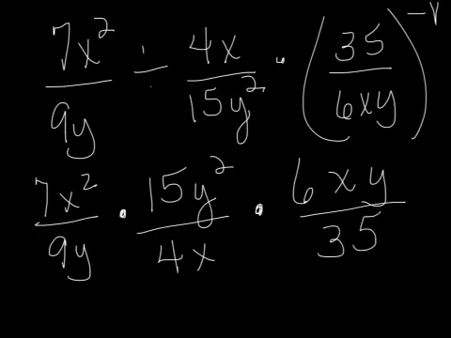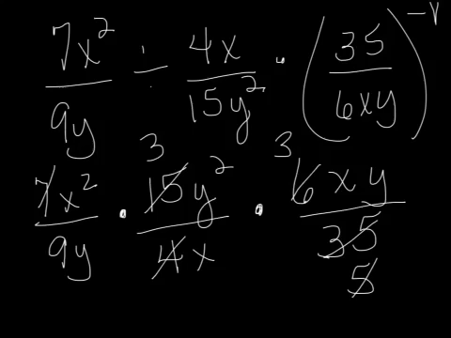Now, I will simply start reducing. 7 goes into 35 5 times. 5 goes into 15 3 times. 2 goes into 6 3 times. 2 goes into 4 2 times. 3 times 3 is 9.